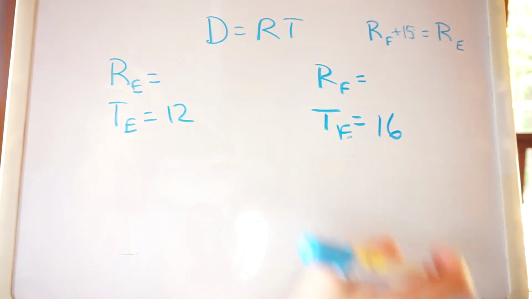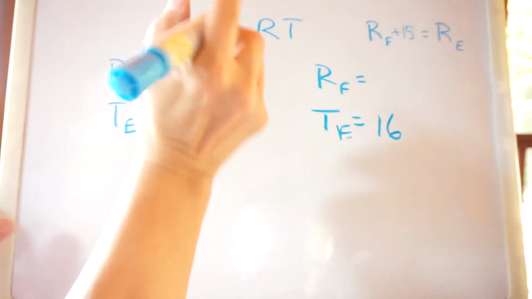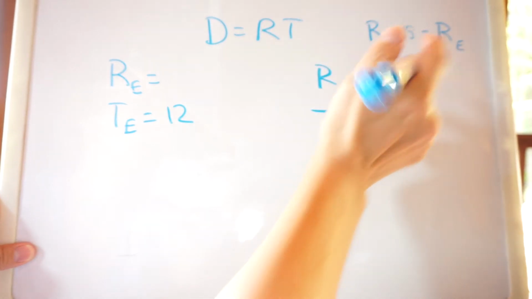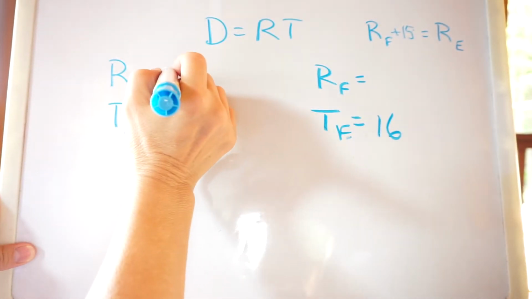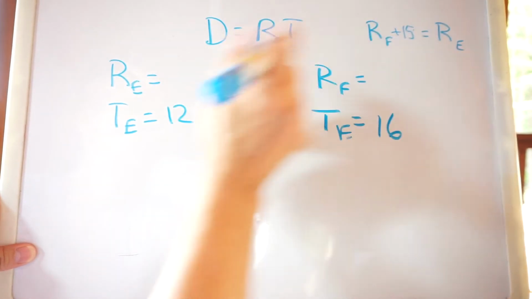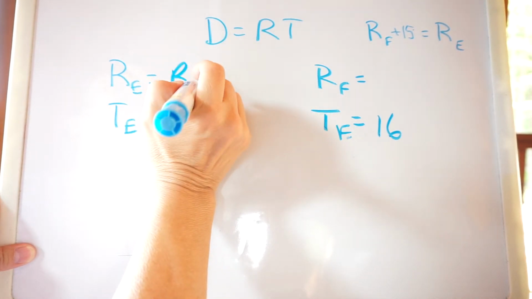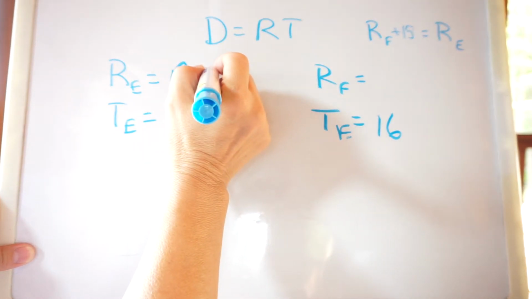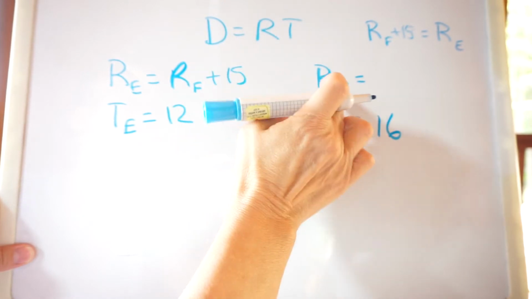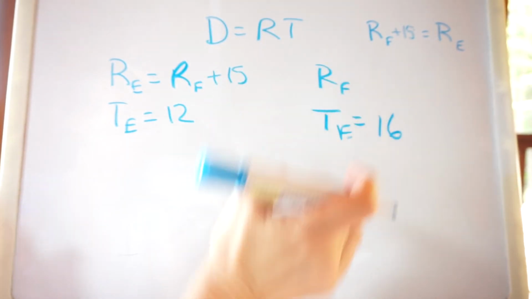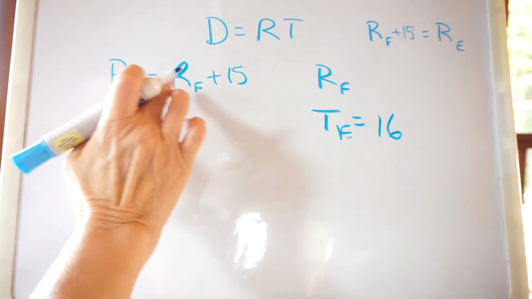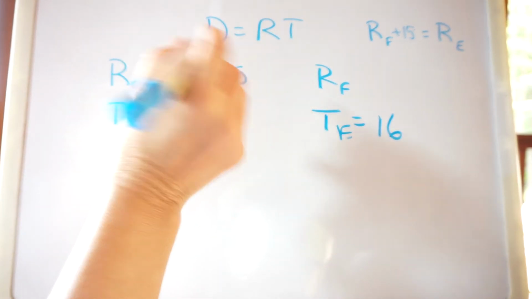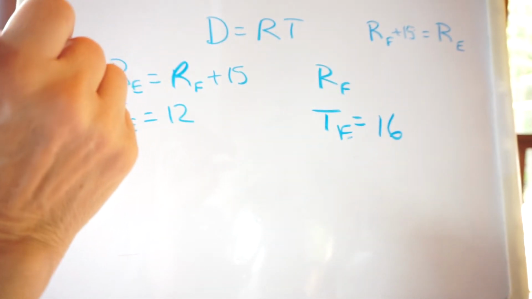Okay, now I'm going to put this in here for RE. I know that it's equal to the rate of the freight plus 15, and now we can just leave this as RF. We know that the distances were equal to each other.